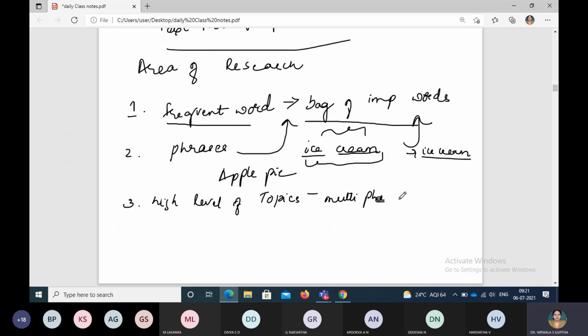Multiple, what we got as phrases, no? So now multiple phrases can be combined into one topic area.